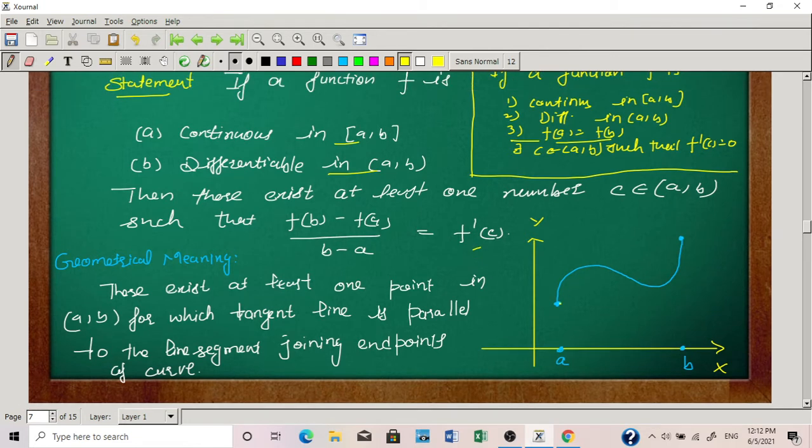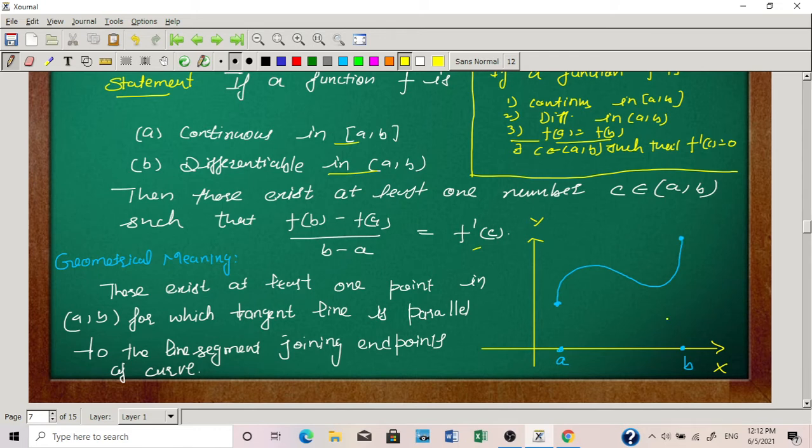Let's first discuss its geometrical meaning. Let us suppose that this is the graph of the function, and this function is continuous in this closed interval [a, b] and differentiable at every point of this open interval (a, b).